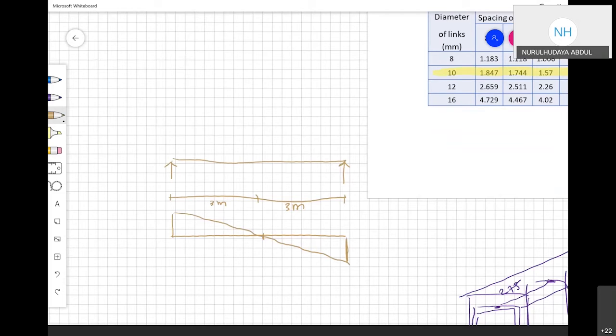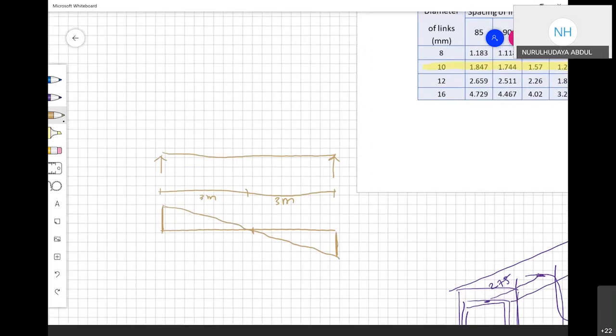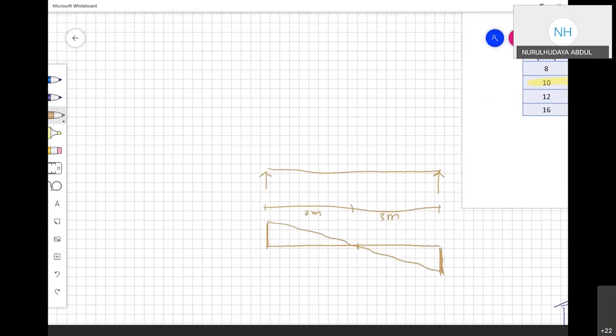Okay, maximum shear force memang akan dekat support. Okay, so bila maximum shear force dekat sini, maximum shear stress pun dekat situ jugalah. Okay, shear stress untuk beam yang panjang 6 meter ni, support dia dua-dua belah adalah maximum shear stress. Okay, maximum shear force dia pun kat situ.